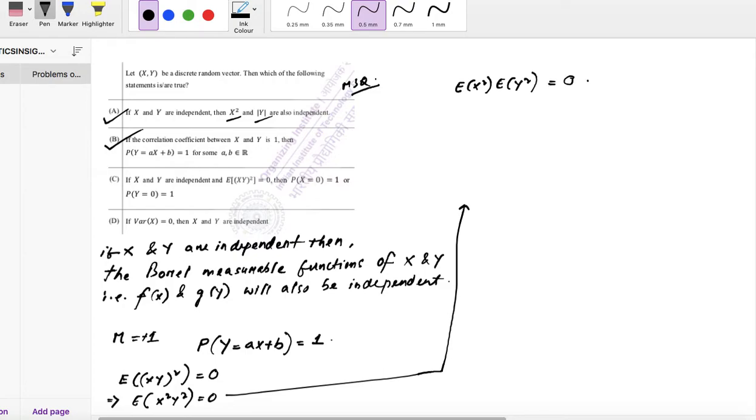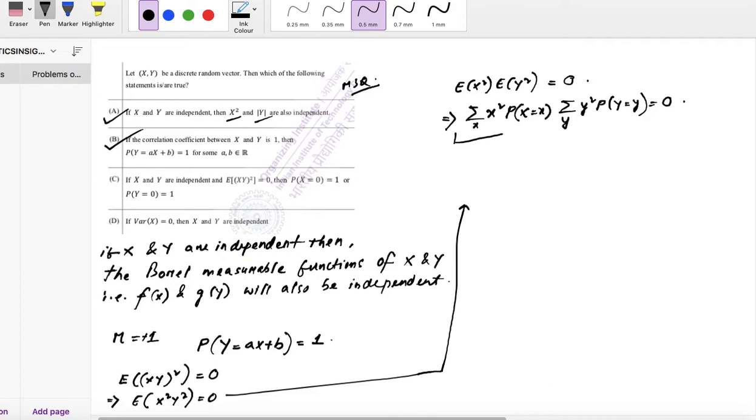We are given this. Now for expectation of x square, since it is discrete, it is the sum over x of x square times probability of X equal to x, and this is the sum over y of y square times probability of Y equal to y, equal to 0.